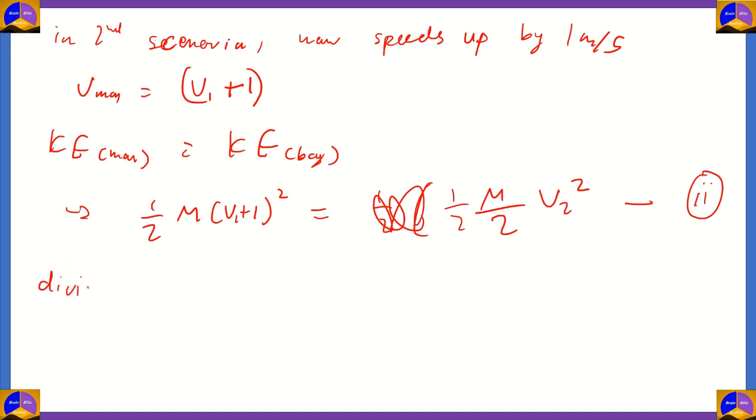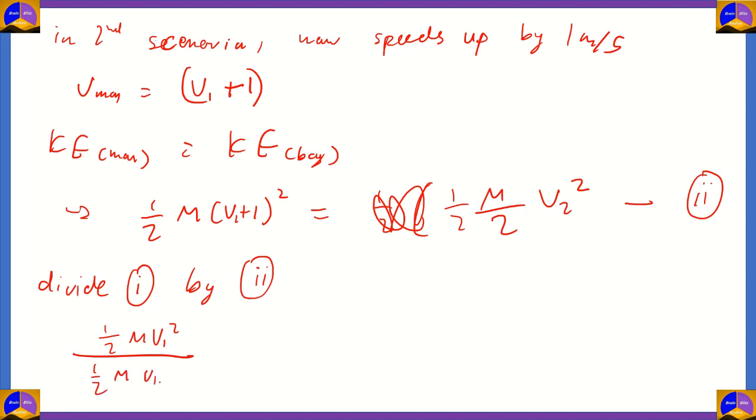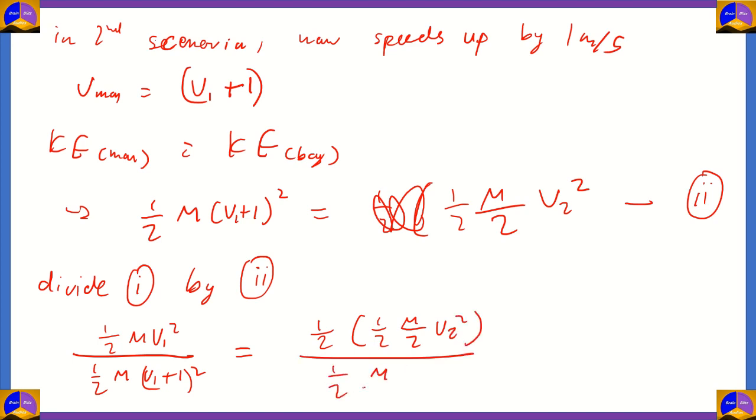When we divide equation 1 by equation 2, we'll see an important relation. Half m v1 squared divided by half m v1 plus 1 squared will be equal to half times m by 2 v2 squared divided by half m by 2 v2 squared.